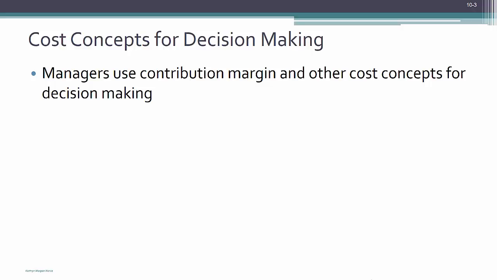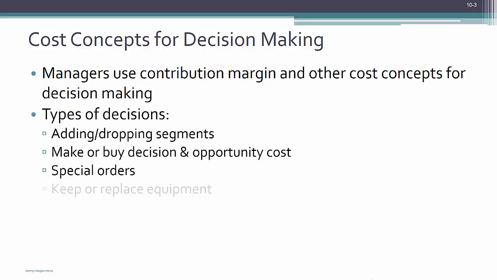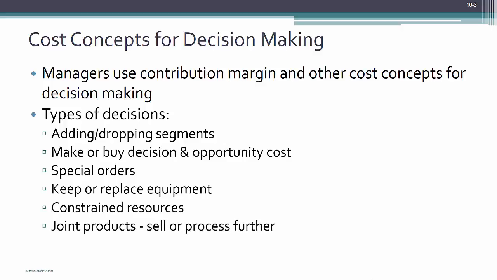You probably know that decision making is one of the basic functions of a manager. For example, managers must decide what products to sell, whether to make or buy a component in a vertically integrated company, whether to keep or divest a business segment, whether to accept special orders at special prices, and so forth.